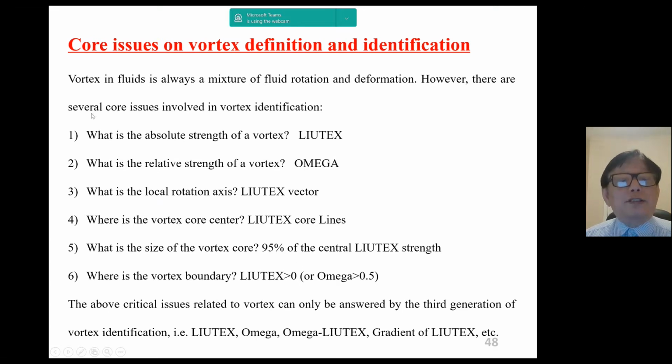All these six questions can be answered by the third generation of the vortex identification method, not by the first generation, not by the second generation. Second generation can answer some questions about where the vortex boundary is roughly, when the threshold is small.